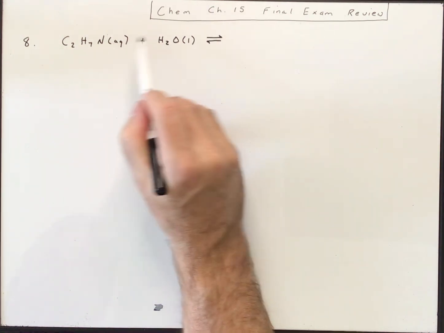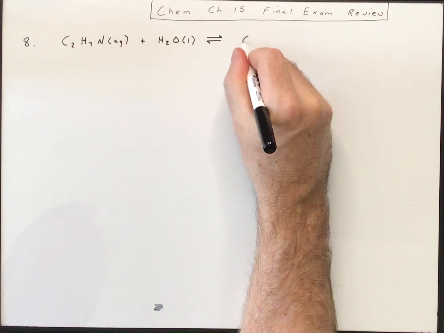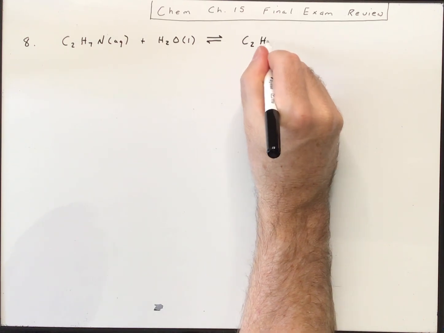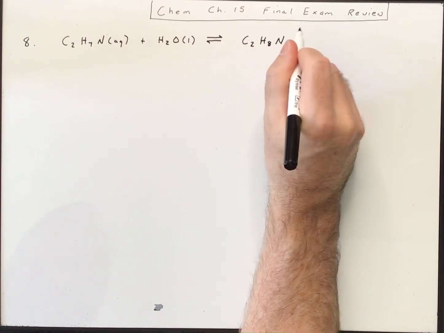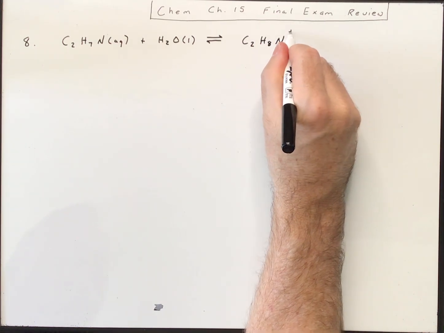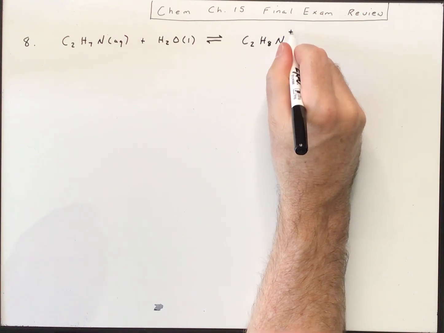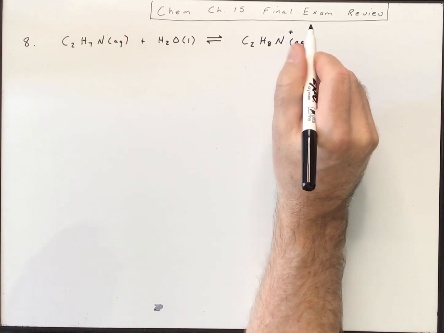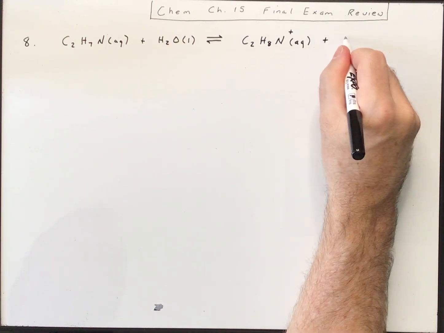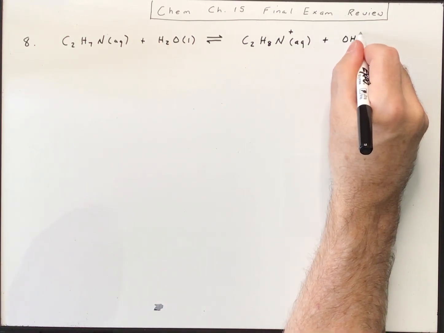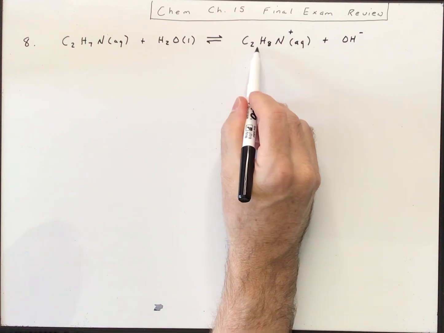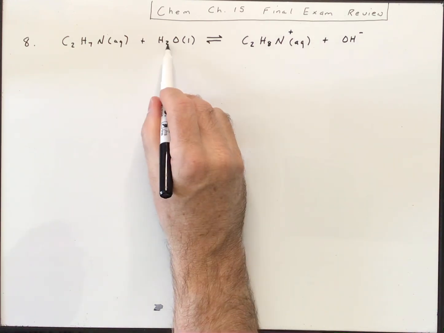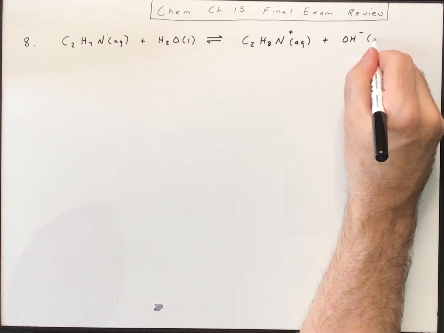A base wants to gain a hydrogen. So we'll gain C2H8N. But since it gained a hydrogen, we now have a plus charge. Plus 1. Plus OH minus. So the C2H7N nabbed a hydrogen, leaving hydroxide.